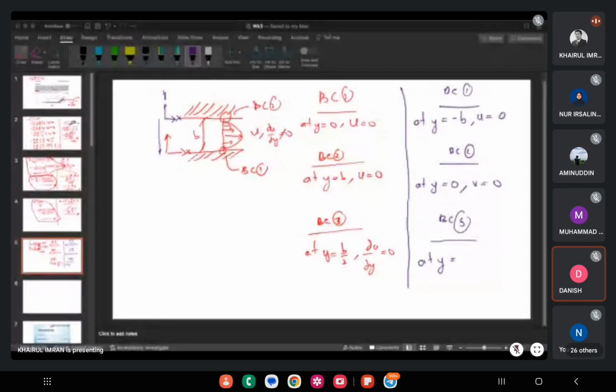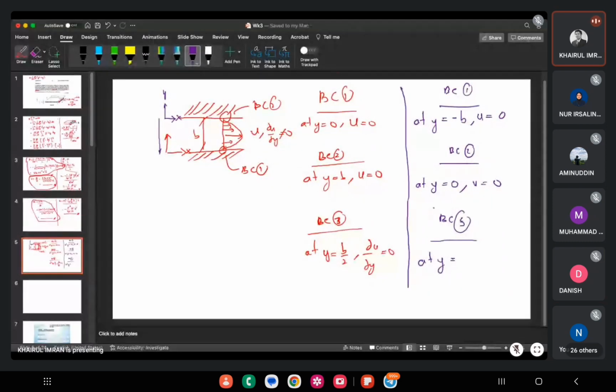Yes, correct Danish. Smart. Okay. Y equals to now becomes negative B over 2, and then del U over del Y is still the same, right? So can you see the difference between both equations? I mean both boundary conditions.